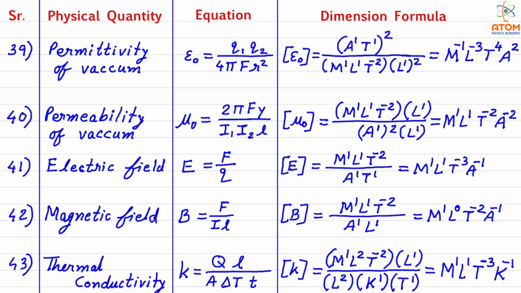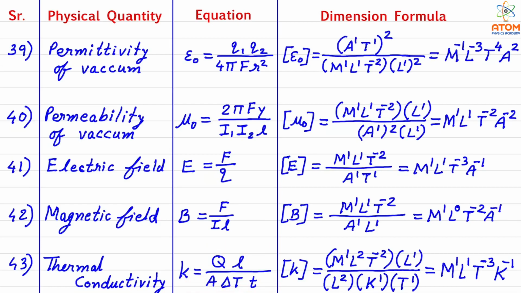It is thermal energy, and L is length, A is area, and delta T is the difference of temperature, and small t is time. I repeat, Q is thermal energy, L is length, A is area, delta T is change of temperature, and t is time here.